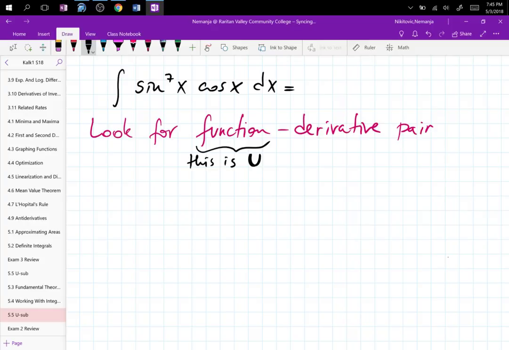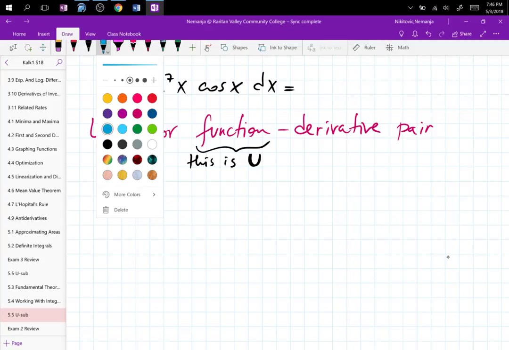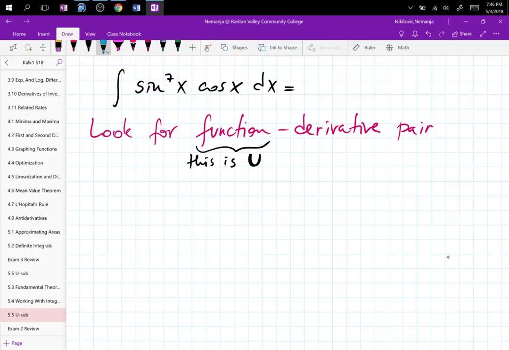Let's test this. So I said that the derivative of sine is cosine. So I will pick u to be sine x, which means that du is cosine x dx. That's awesome, because I already have cosine x dx over here as a string.